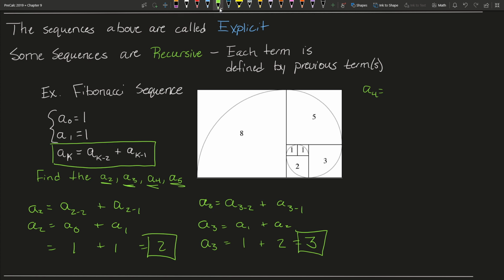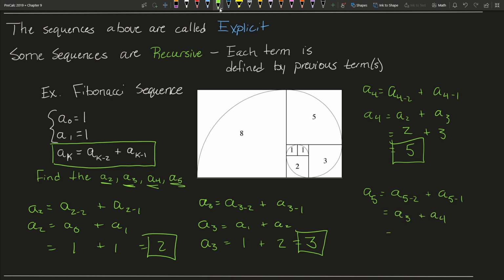And the fourth term is the sum of the third and the second term. Are there questions about recursively defined sequences?